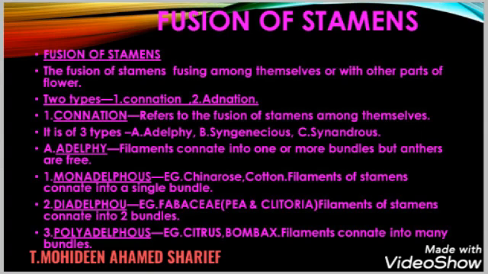So you can see in the diagram several examples are given. These are the examples of monadelphous, diadelphous and polyadelphous, and these are all the examples of how the stamens are seen. For example, you can see in the last diagram it is the example of polyadelphous.